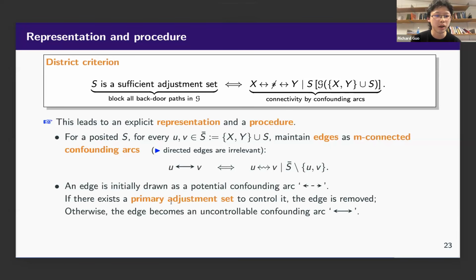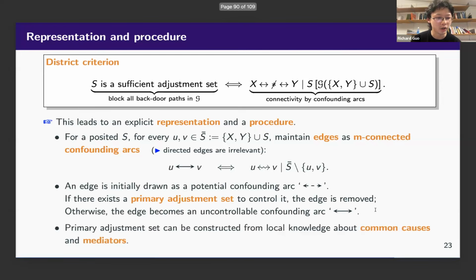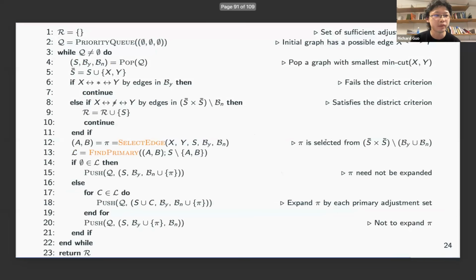If there exists a primary adjustment set, the edge is removed. Otherwise, the edge becomes an uncontrolled confounding arc, written as this solid bidirected edge. In particular, a primary adjustment set can be constructed from the wizard I just showed you, and that only requires answering questions about common causes and mediators.